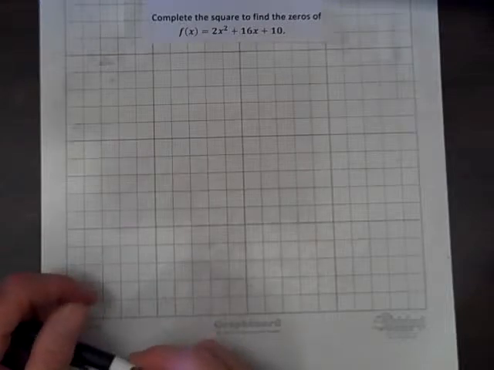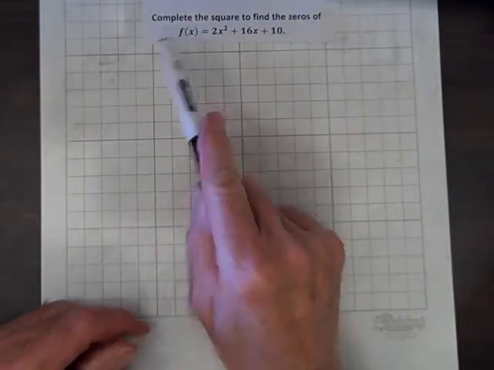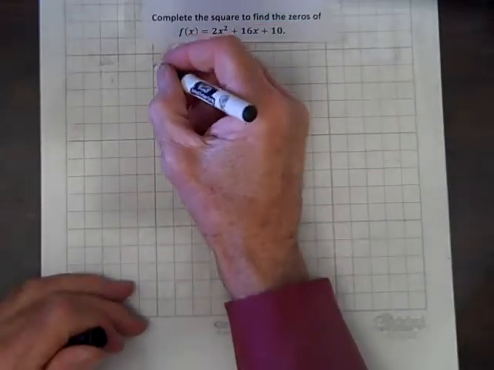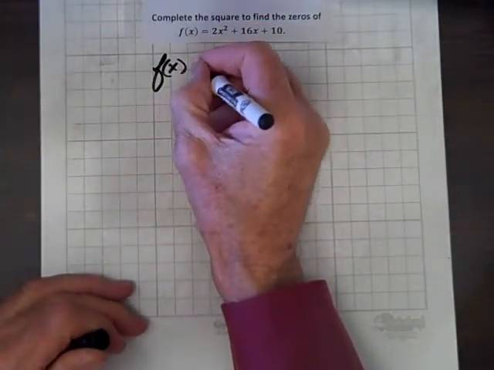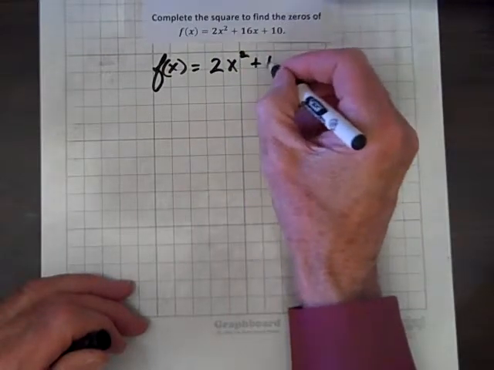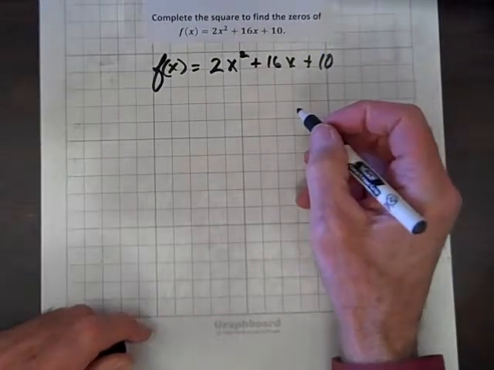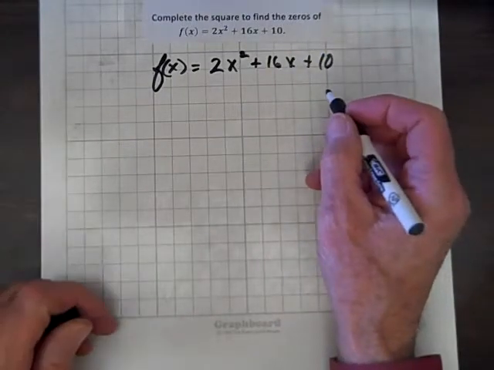Well, now to the task at hand. We've got to complete the square to find the zeros of f of x equals 2x squared plus 16x plus 10. And right now we have a problem.